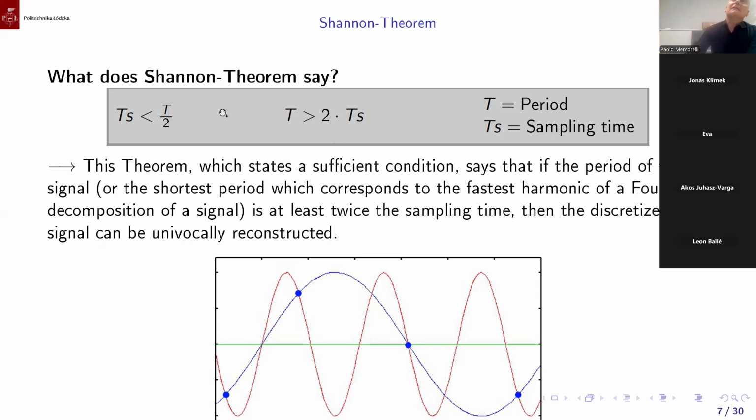This is a sufficient condition in order to avoid this kind of problem. It's not a problem of the approximation, but we will reflect this problem in the approximation.